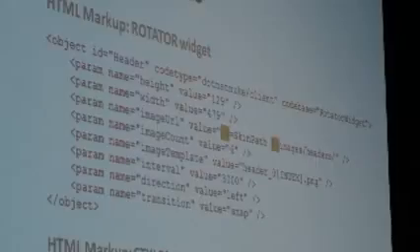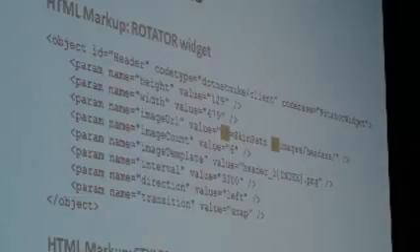In this particular case, I have a widget that has a specified height and width, and I'm telling it that I want it to get its images from a folder that's a subfolder of the skin called images headers. I'm telling it there are 6 images, and that the images are named header_01, header_02, header_03, and so on and so forth. And I want it to display for 3,000 milliseconds.